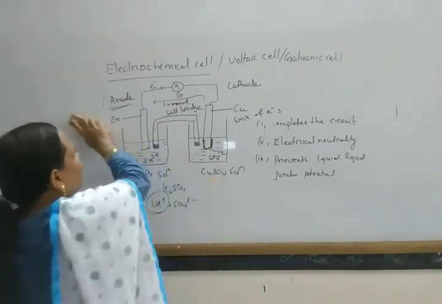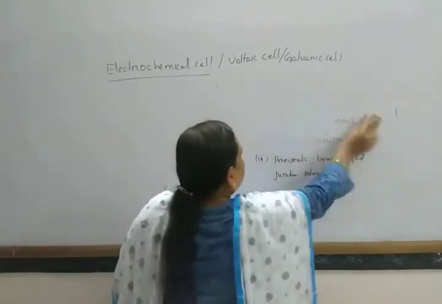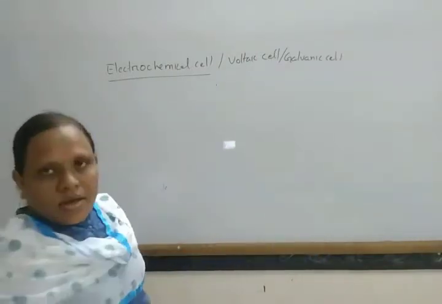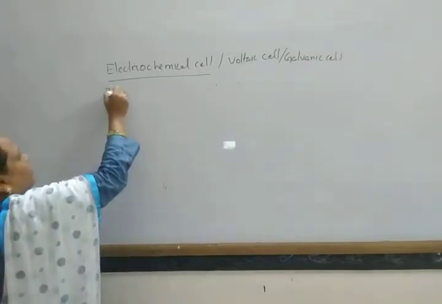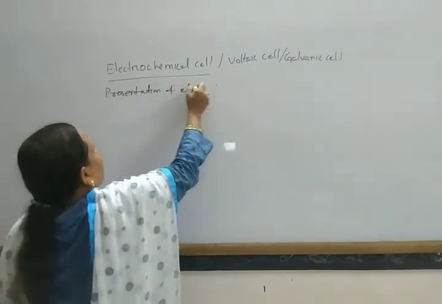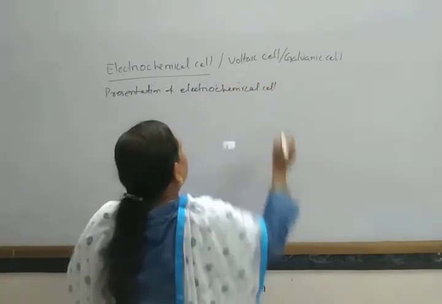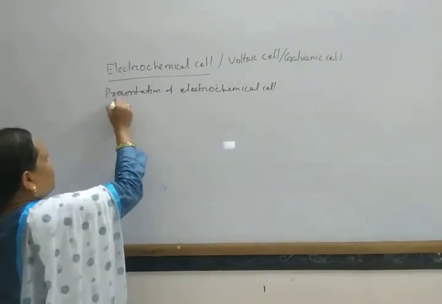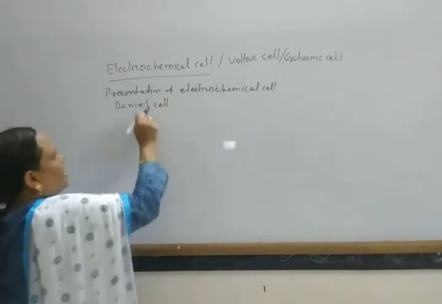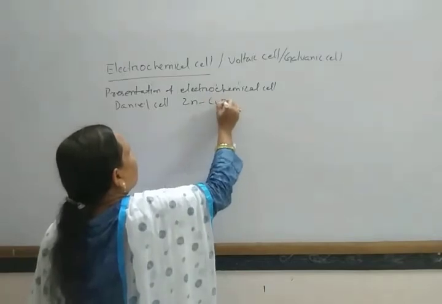So how to represent an electrochemical cell in a symbolic way? Representation of an electrochemical cell. Let us consider the example of the same Daniel cell, or zinc copper sulfate system.